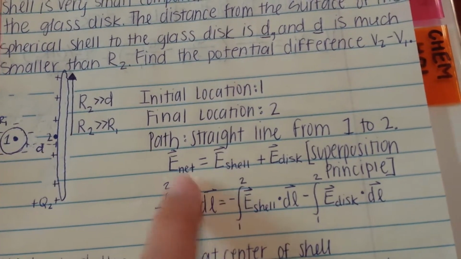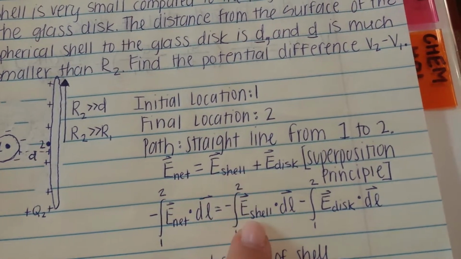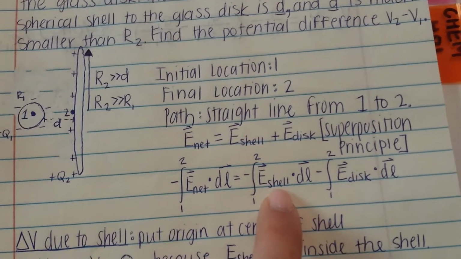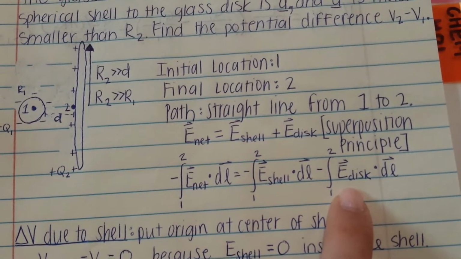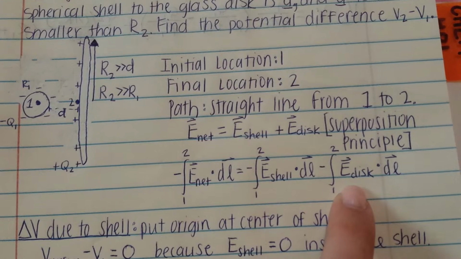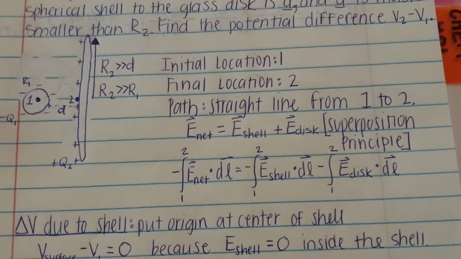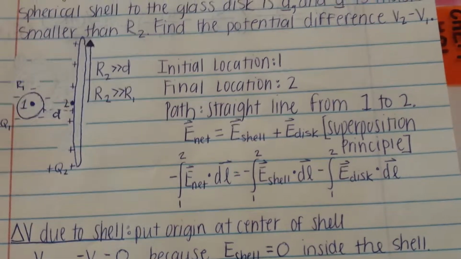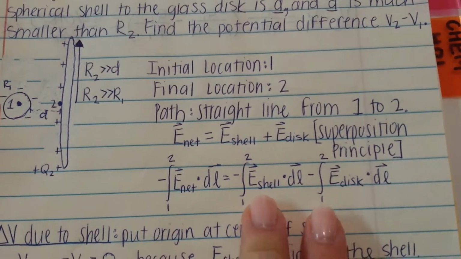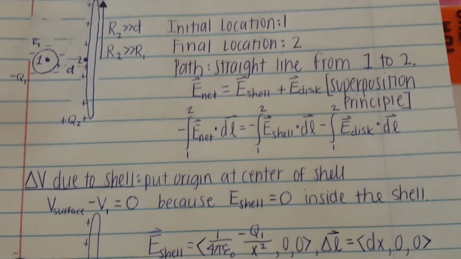If we take this E net, we can plug it in and do the individual electric fields times their displacements and add them together to find the potential difference.